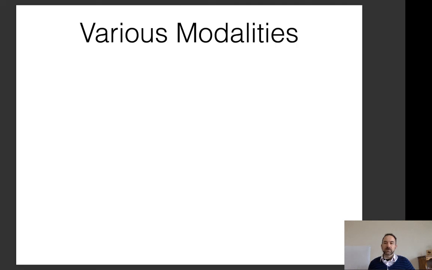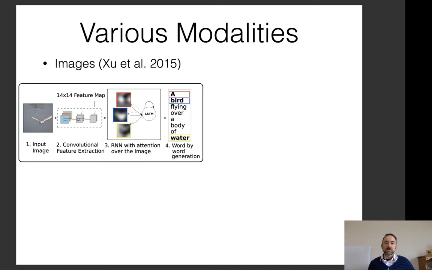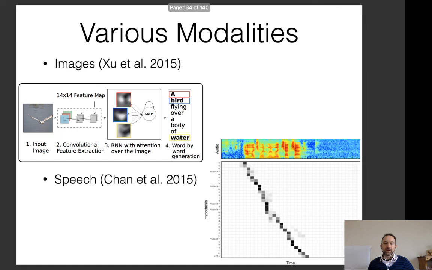We can also attend to various modalities. Attention actually originally came about for attending to particular parts of an image. And it's also been widely used in speech, and there are attentional models for speech as well. I've cited a few old papers here, but they've also been using transformers and newer varieties of self-attention, et cetera, more recently as well.